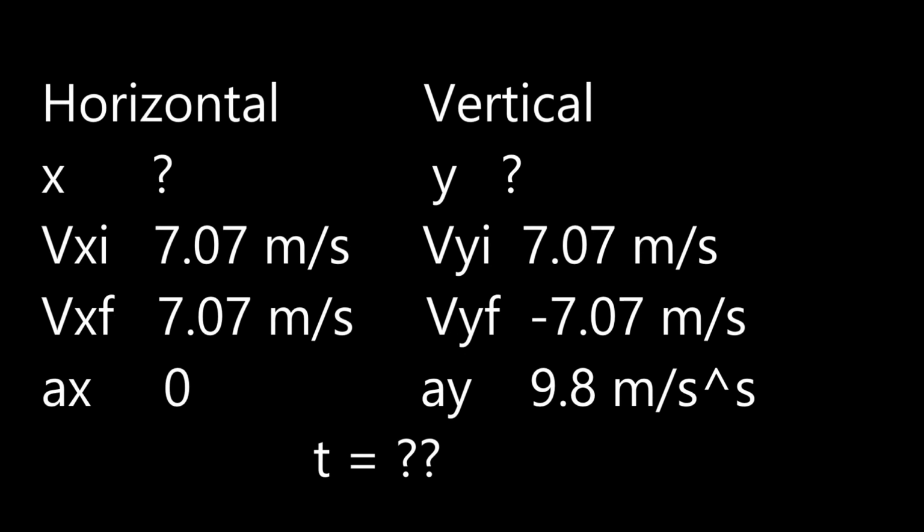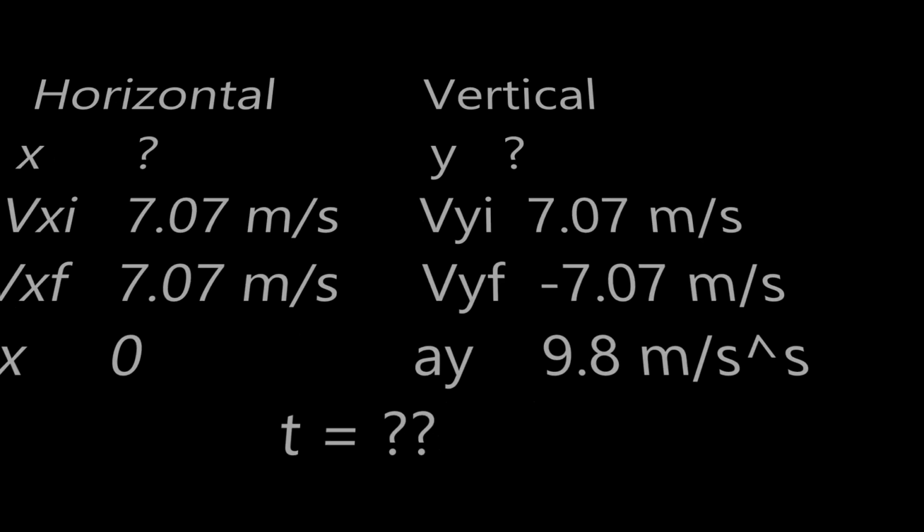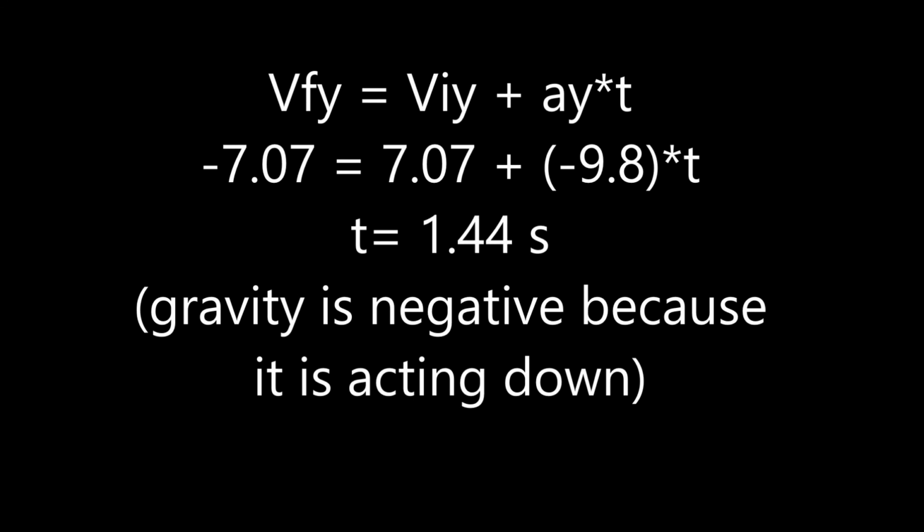So now from this, we don't know x, so we don't know the displacement in the x direction, and we don't know the height, it's y. We also don't know time, but we can find those pretty easily using those kinematic equations listed earlier. So first, the easiest one would be to find time, because that one's pretty important to find the others.